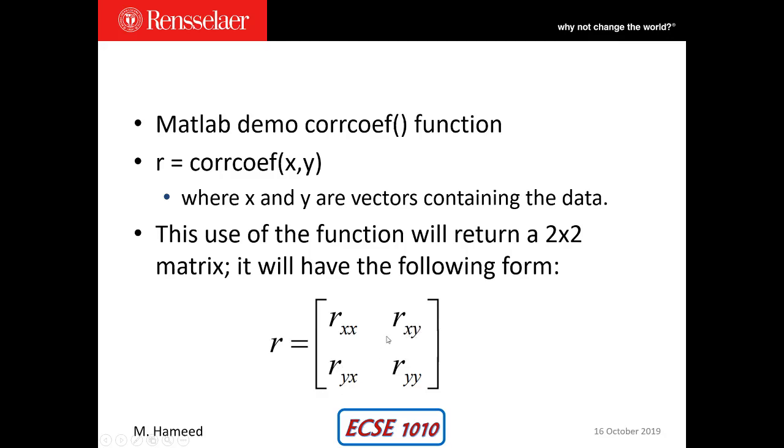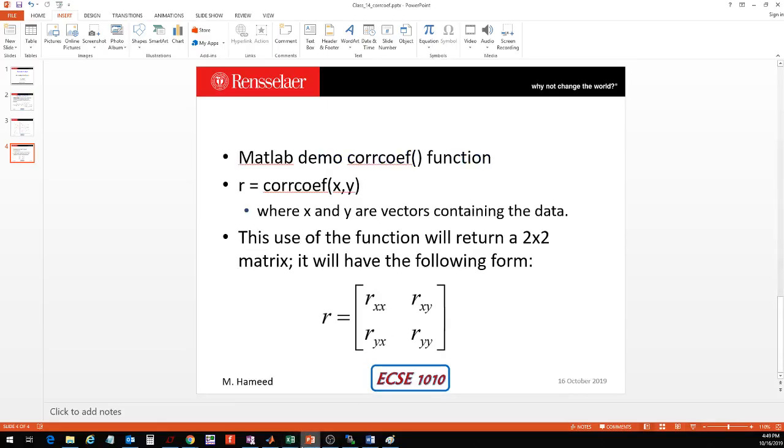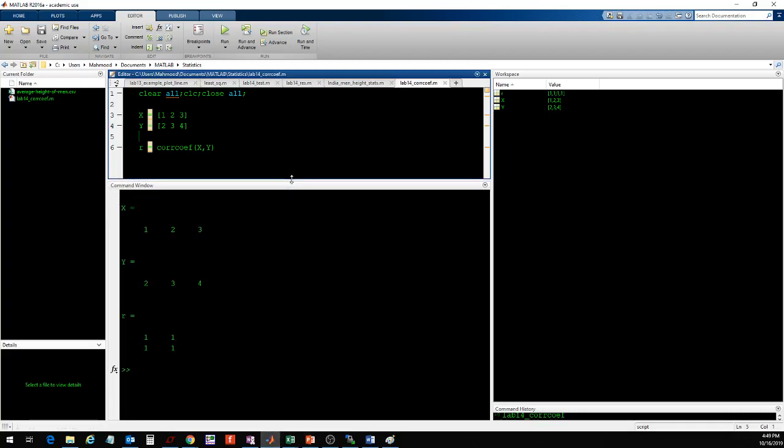Now let's see if we can use some Matlab commands to demonstrate this. Over here I have set up x and y as two vectors. These vectors have 3 data points in x, 3 data points in y, and I'm using this function corr to find out the correlation coefficient between x and y. When I run this, I get x is 1, 2, 3, y is 2, 3, 4, and as I increase x, I see y linearly increasing, which means that the off-diagonal elements are going to be giving me the correlation between x and y.